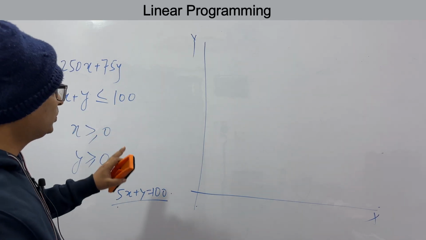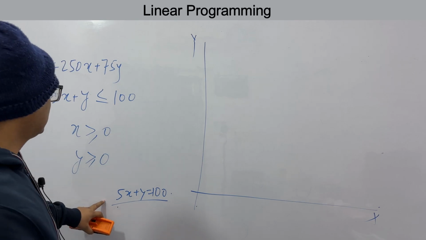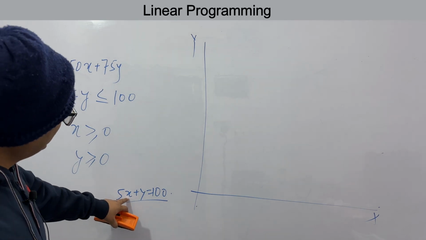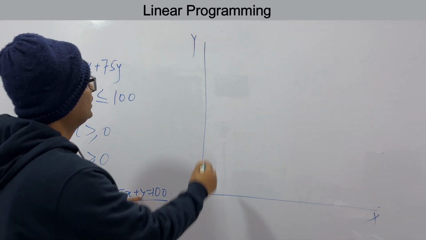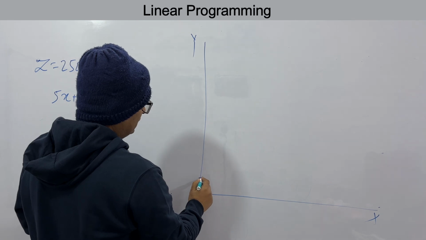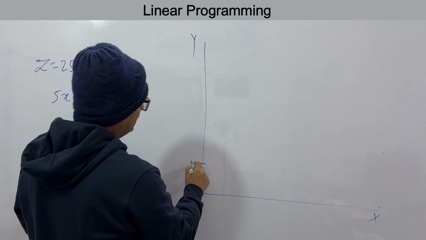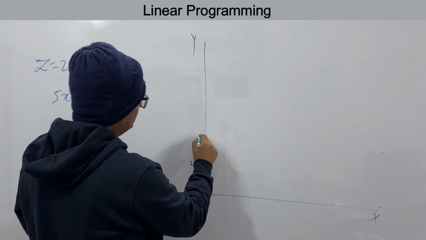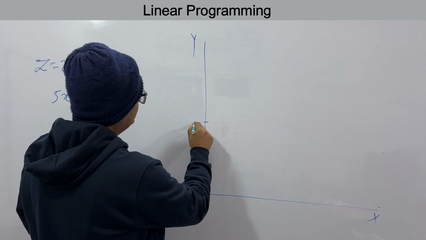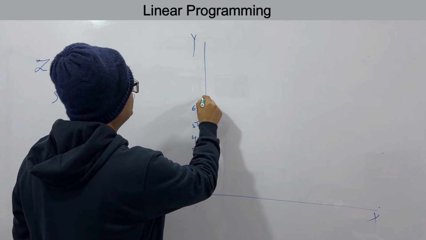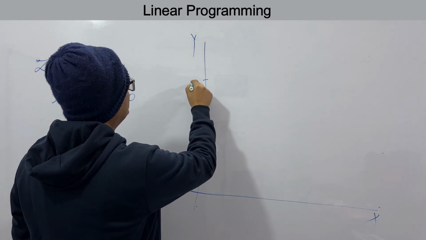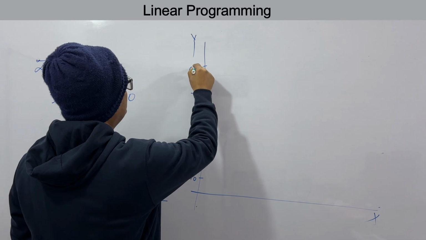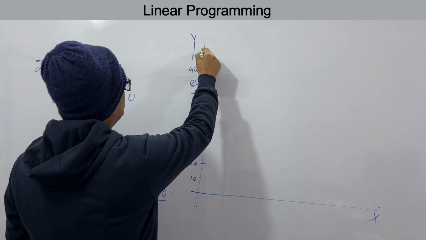What is the meaning of less than? I'll tell you just now. When x is equal to 0, y is equal to 100. Let's say this is 100, 10, 20, 30, 40, 50, because we have to go up to 100, 70, 80, 90 and 100. So this is the point.